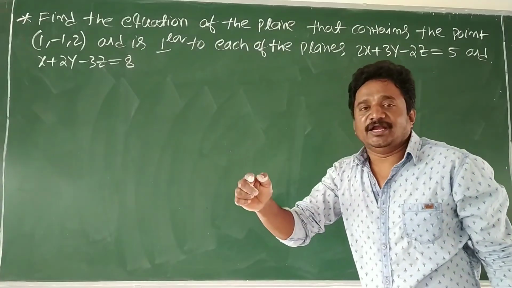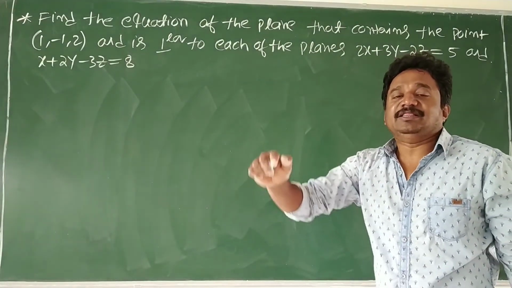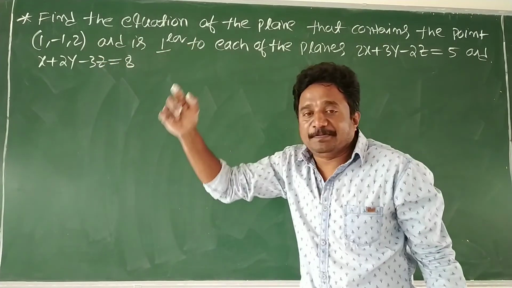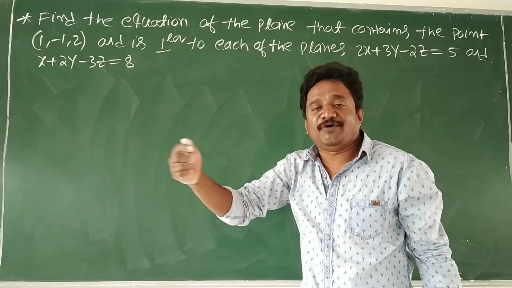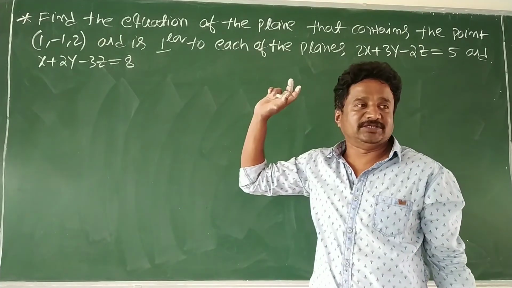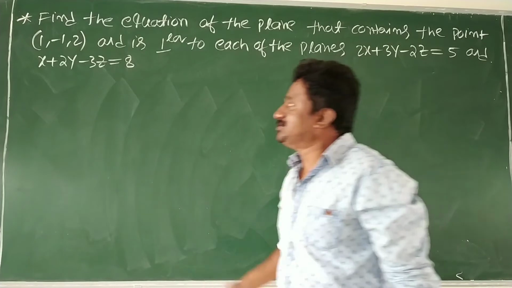We need to find the plane's equation. That plane should pass through this point and should be perpendicular to both these two given planes. That is what is asked.